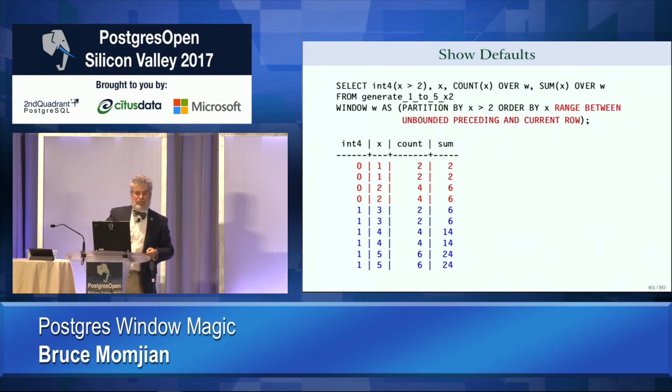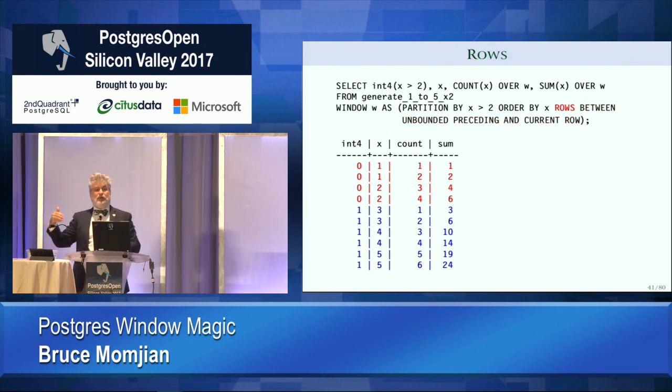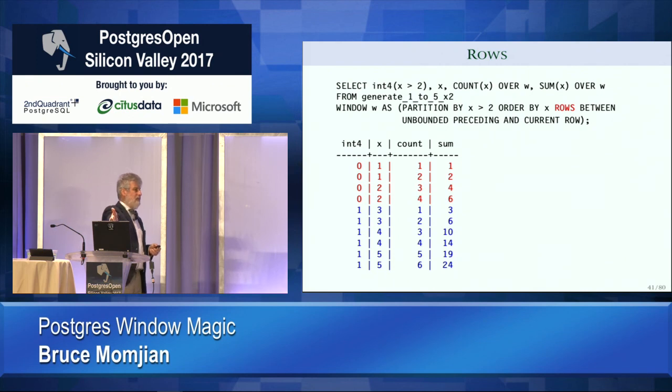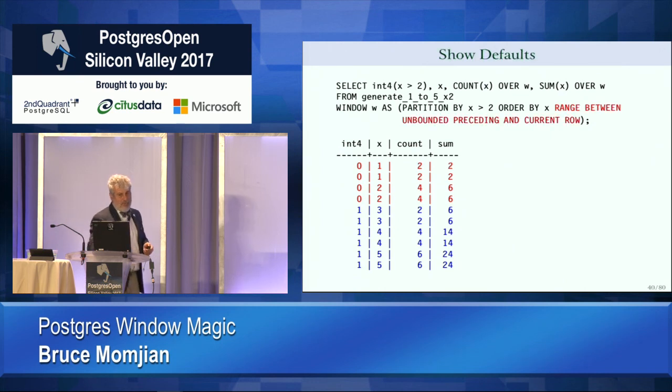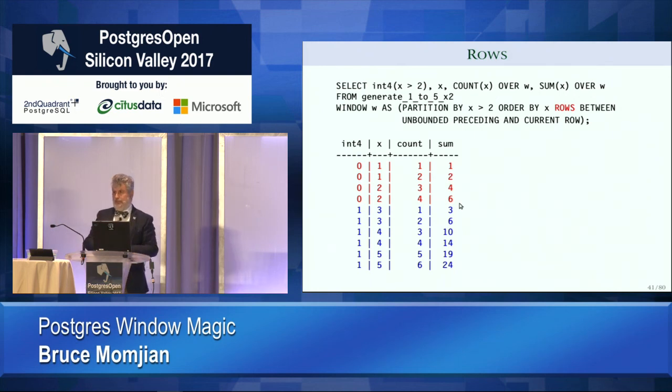As soon as I switch from range mode into rows mode, I get a different result, because current row means literally my current row now. I'm not getting 2, 2, and 6, 6. I'm getting 1, 2, and 4, and 6, because that's the way they're being aggregated.